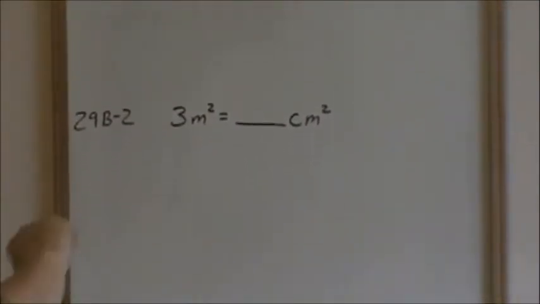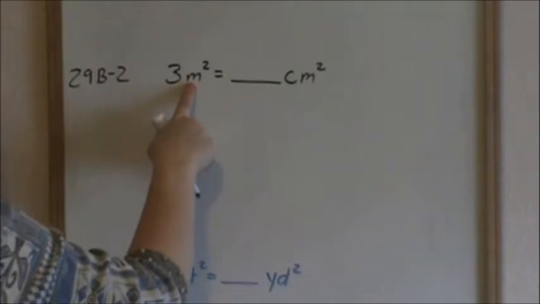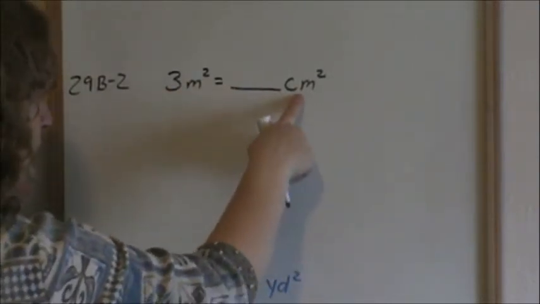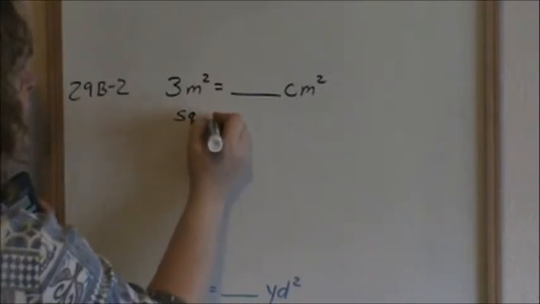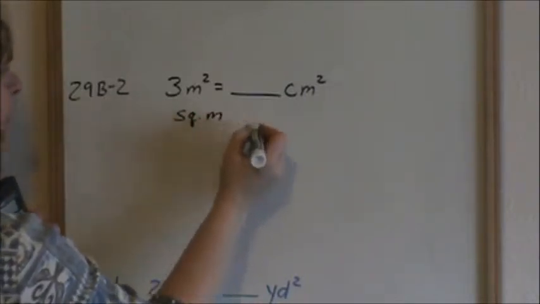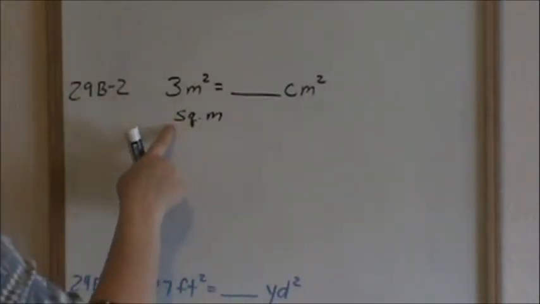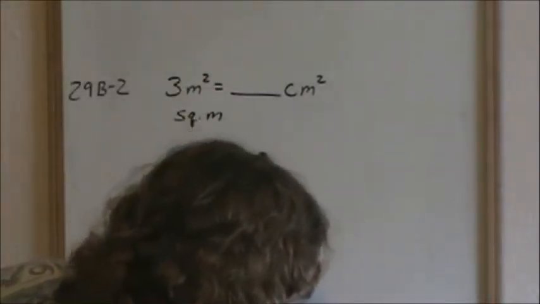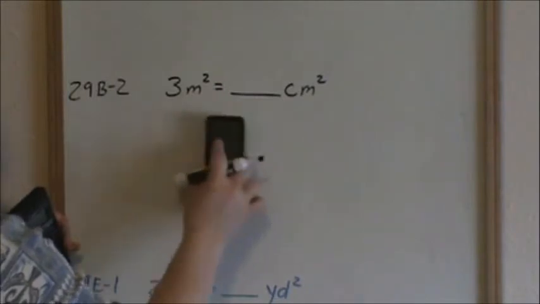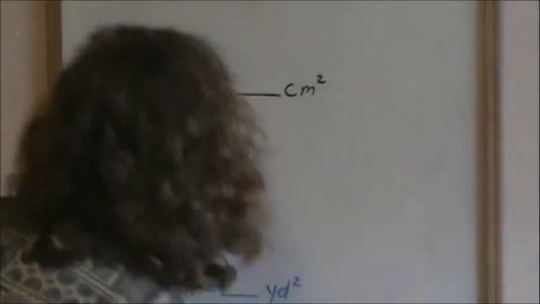Now let's look at 29B2. We're trying to go from square meters to square centimeters. Again, you might see it written as square meters and square centimeters. You might see SQ meaning square. So I'm just going to write it with exponents as square meters to square centimeters.